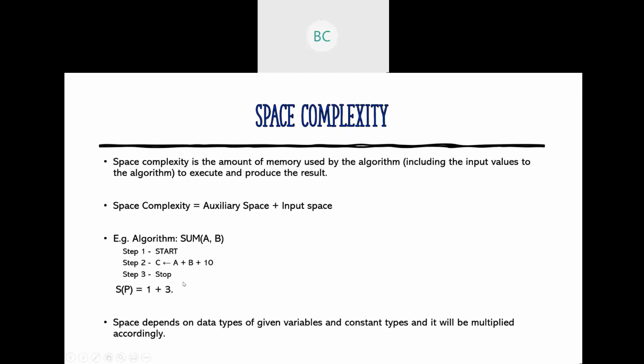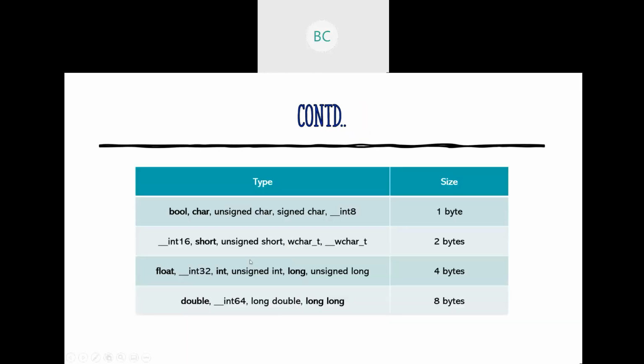Now this one is the simple one. Space depends on the data type of the given variable and constant type, so it will be multiplied accordingly. For this, you need to remember this table. I guess you already know what data type takes how much space.